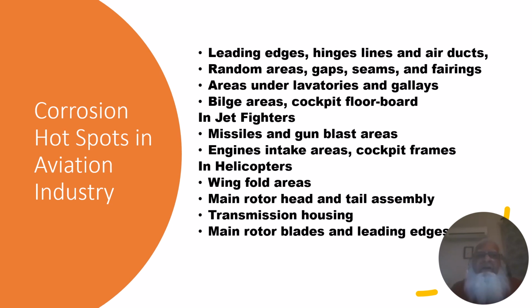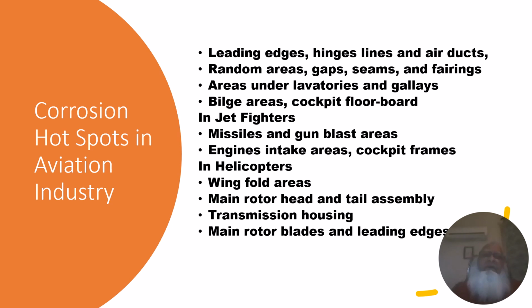In jet fighters, the hotspots are the missile and gun blast areas, engine intake areas, cockpit frames. In helicopters, the hotspots are the wing fold areas, main rotor head and tail assembly, transmission housing, main rotor blades and leading edges.